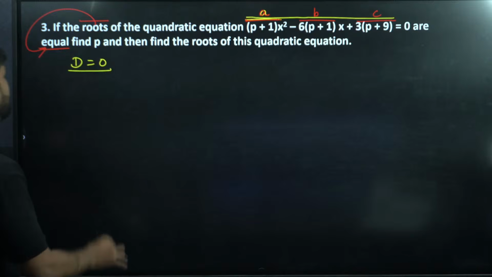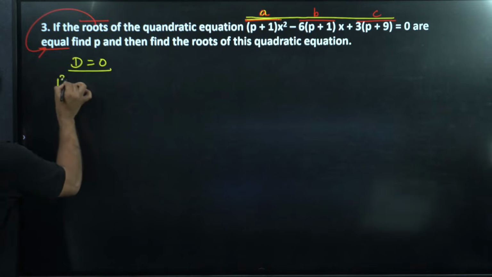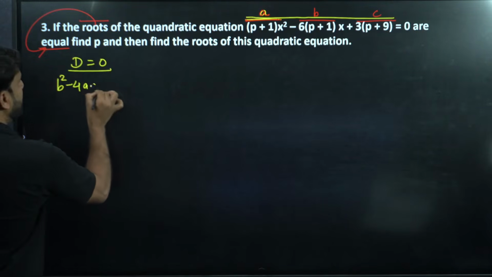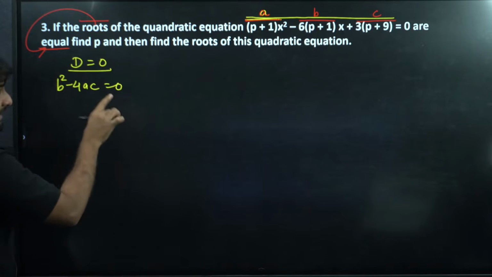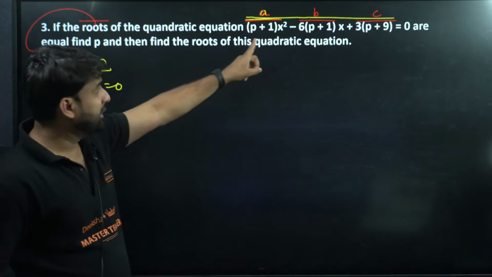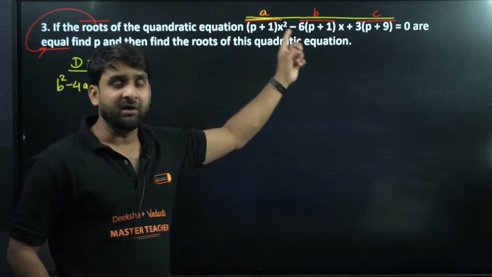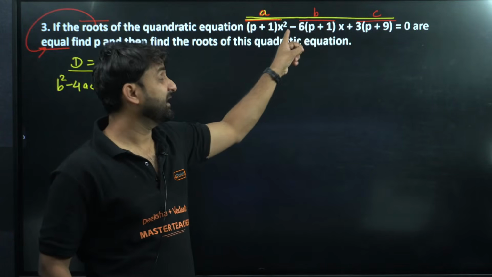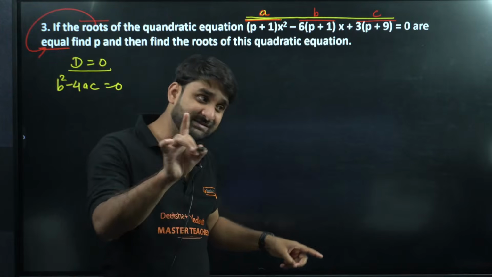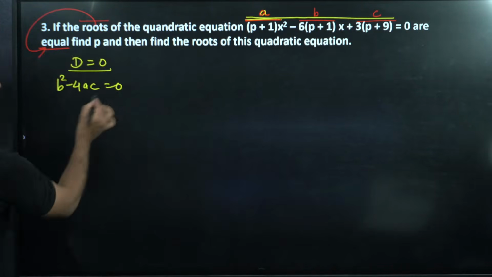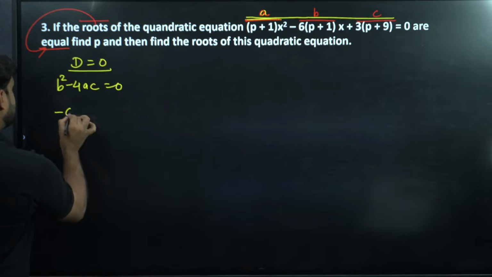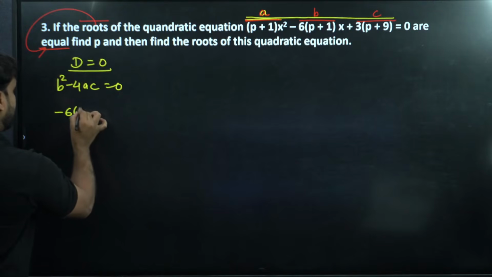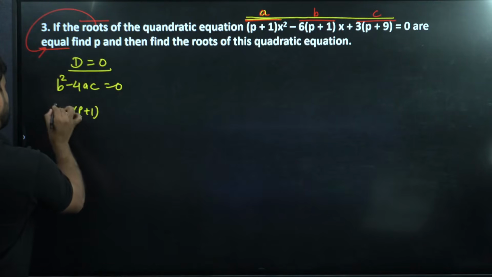So we have the formula for discriminant, b square minus 4ac is equal to 0. Now I have already made clear how to identify a, b and c. So this entire part is b, and if b is in negative form, make sure to take it as it is in negative form. So b is equal to minus 6 under bracket p plus 1 whole square.